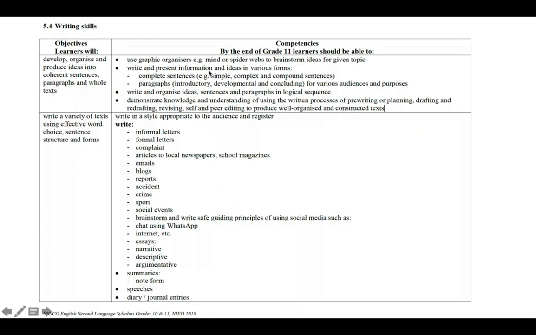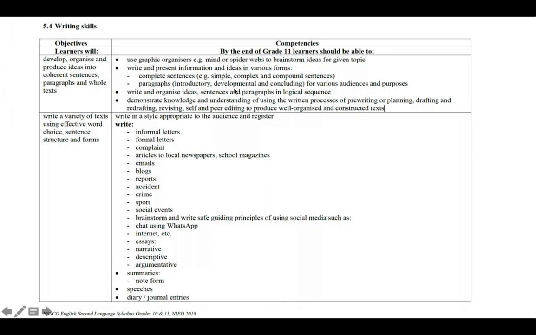Use graphic organizer. For you to measure that, you have graphic organizers, and these are the tools that you can use to help learners brainstorm ideas and organize their information. Write and present information and ideas in various forms, and these forms are complete sentences: simple, complex, compound sentences. You can focus on these things.